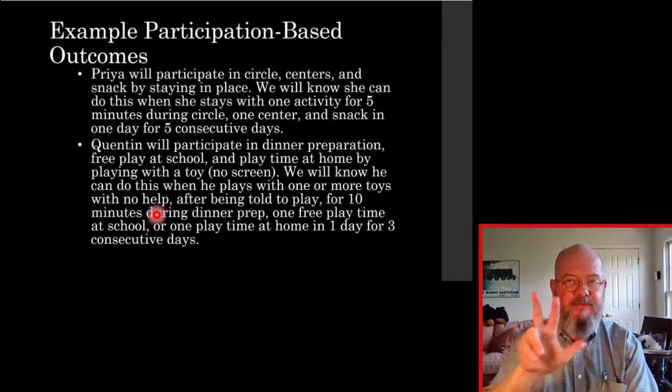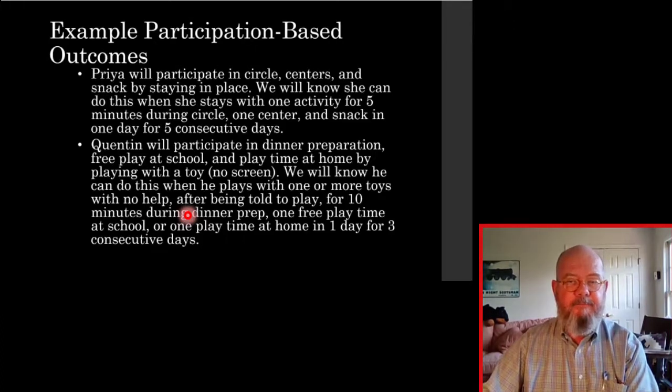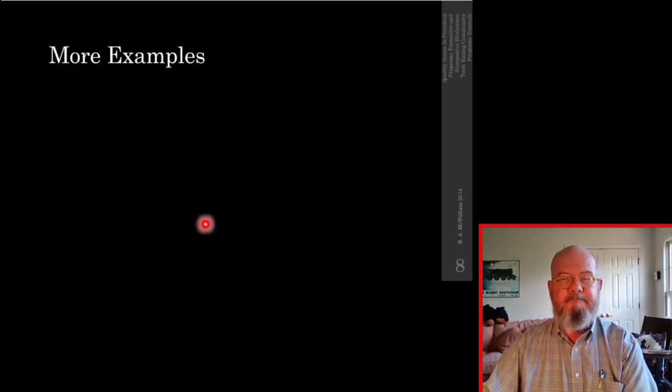So there are 3 types of criteria: acquisition criterion, generalization criterion, and maintenance criterion. So in this case, it's 10 minutes during dinner prep, 1 free play time at school, or 1 playtime at home. So it says or, so it's only one of these in one day for 3 consecutive days.